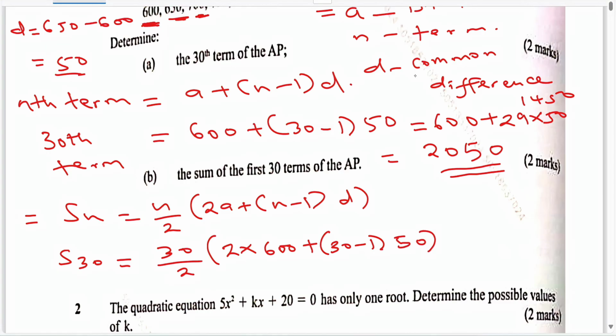So 30 divided by 2 ni 15. 2 times 600 ni 1200 plus 29 ni 29 times 50 itakupa 1450.